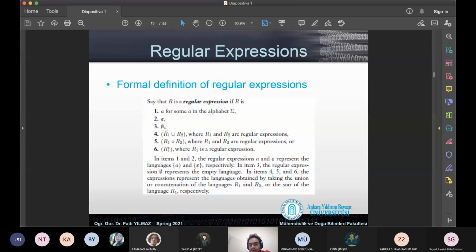So this is the empty string, and this is the empty set. There are two differences. There's a question in the quiz, and the answer is that epsilon is the empty string. Let me show you this way.